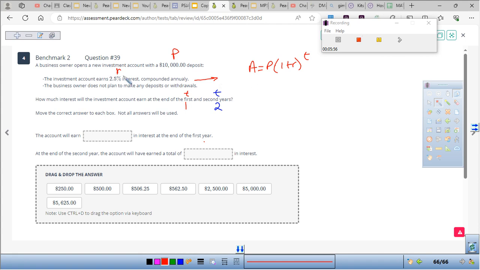So in the beginning, we're going to go A equals. A means to me the total, the all together, the principal and the interest together. So we're going to put P, already 10,000, times 1 plus 2.5%, raised to the power, the term, which will be 1. I'm going to pause and do it on the calculator real quick.